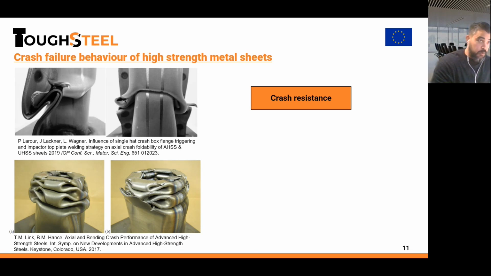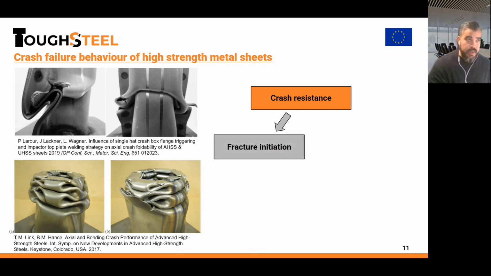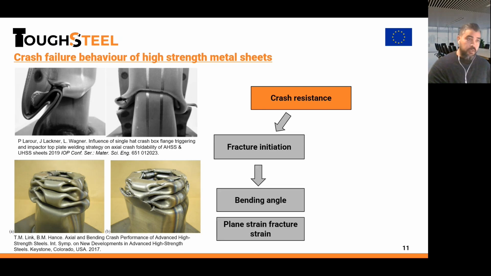Then, to evaluate the crash resistance, we have two parameters that define the overall fracture performance in high-strength metal sheets. On the one hand, we have the material resistance against fracture initiation, how the material resists initiating a crack or fracture, which can be evaluated by the bending angle, for example from the V-bending test according to VDA 238, which is currently the state of the art.